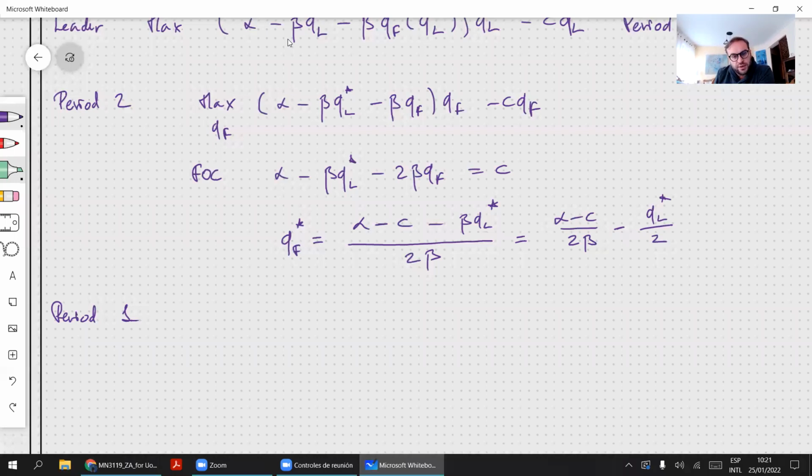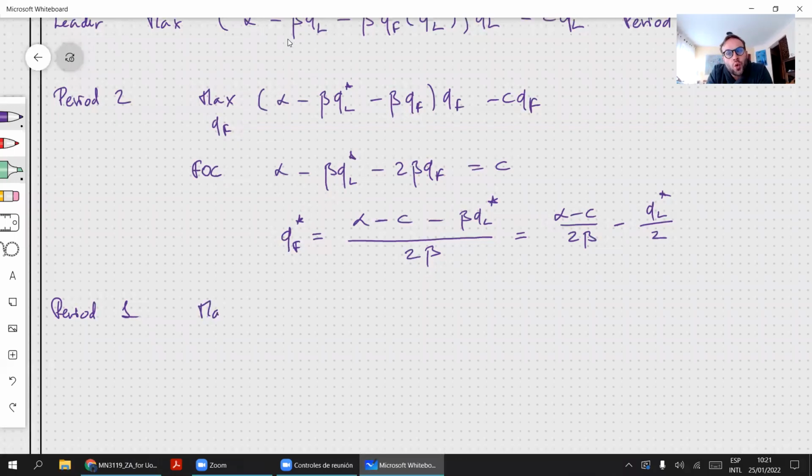So always, the trick here is to know how to write the appropriate optimization function, right? We need to be very careful in what goes where and when, and if you do that right, then you should not have any problem. So here we have the leader, and the leader is going to try to find the quantity of production that is going to maximize her profits.